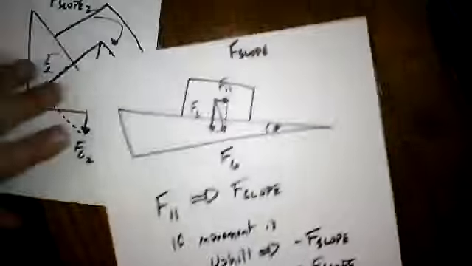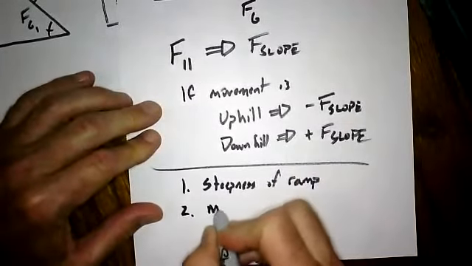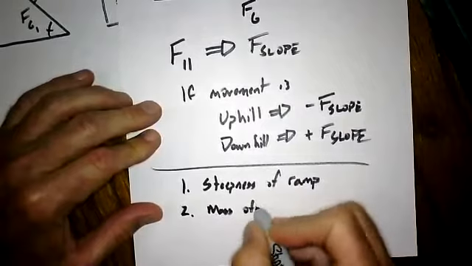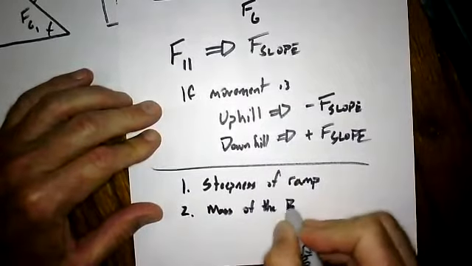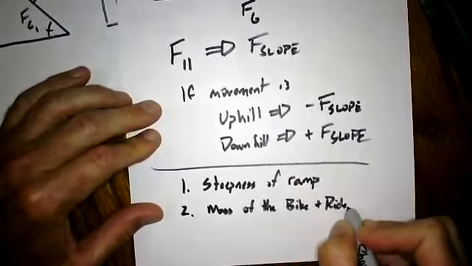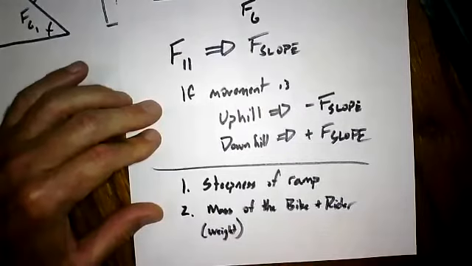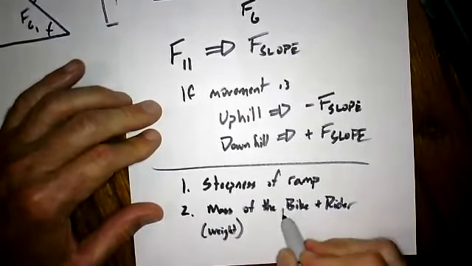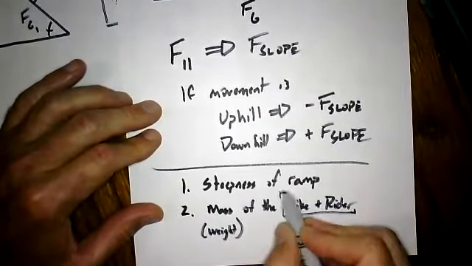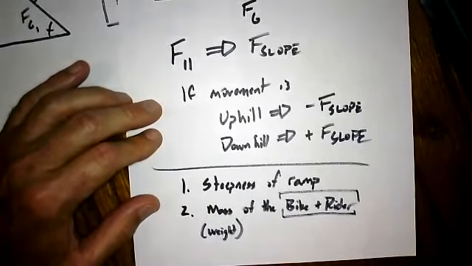So the other factor that's going to influence slope force is the mass of the bike rider, and really the weight of the bike rider. And I put bike rider here because the biker can lose some weight too and decrease the slope force.